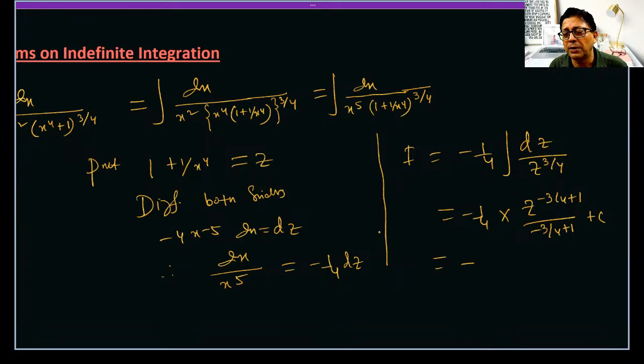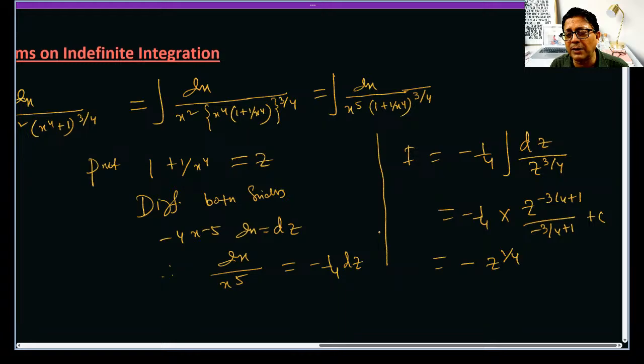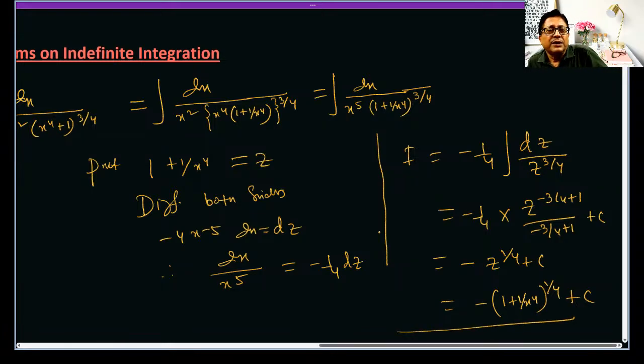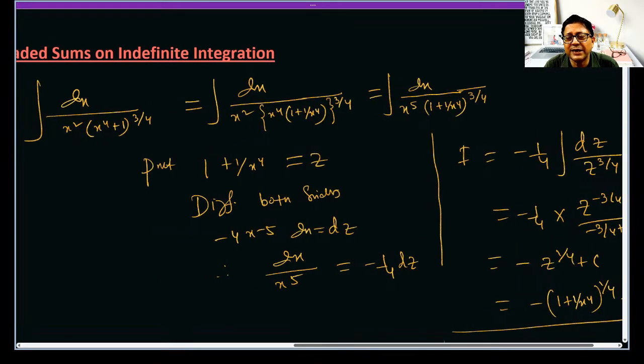So 1 by 4 minus z to the power 1 by 4 plus c. This is minus z to the power 1 by 4 plus c. Clear? This is the answer to the question. You just check it once more.